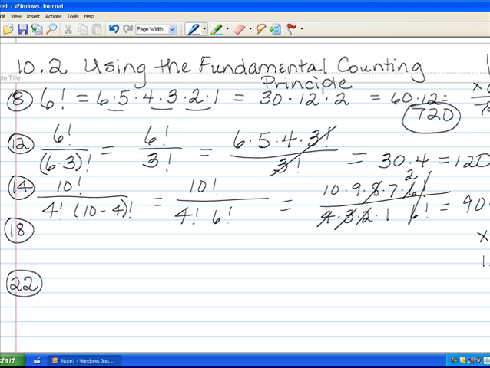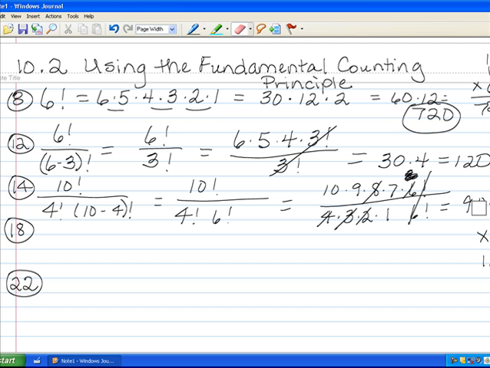and we're ending up with 1260. That looks awfully large. Let me look at this again and make sure I haven't made any errors. 4 times 2 was 8, so we got rid of that. 3 went into 6. I can't count the 6, that's what's wrong.